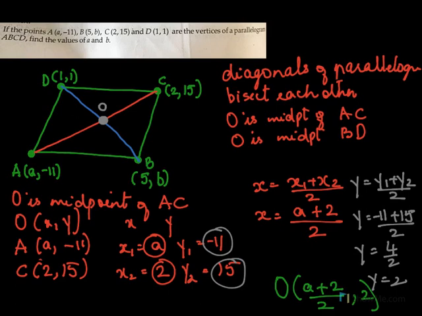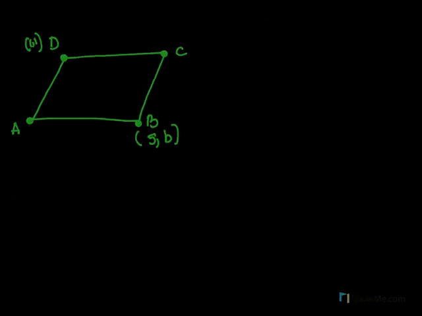Now we'll find the O coordinates with the help of BD. So here again I'm going to join my BD. This is what I need. And the earlier one was this. I'll write in dotted because I'm already done with AC. The midpoint was this O, which I had taken as XY.